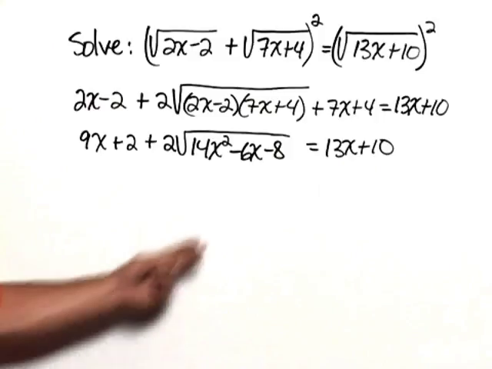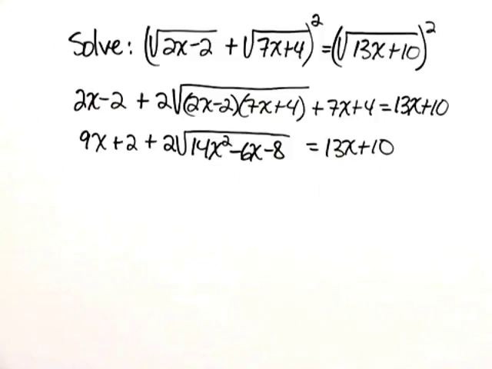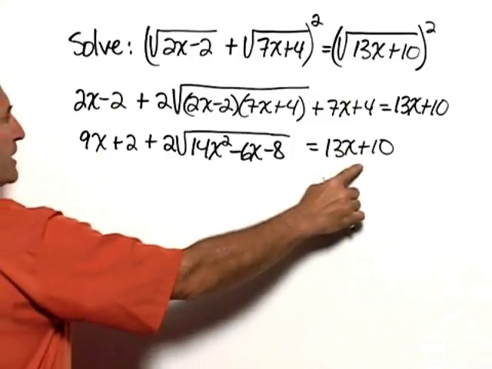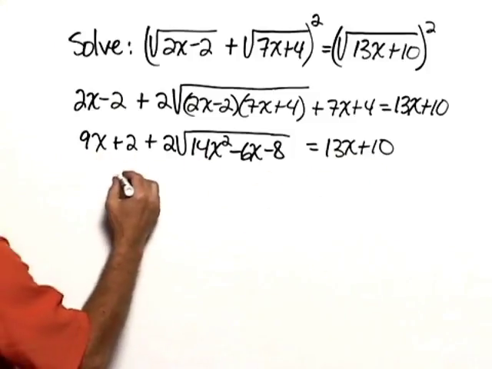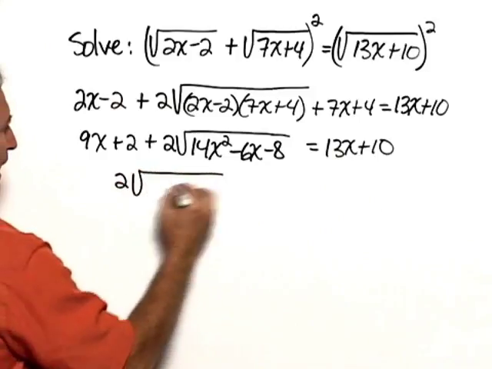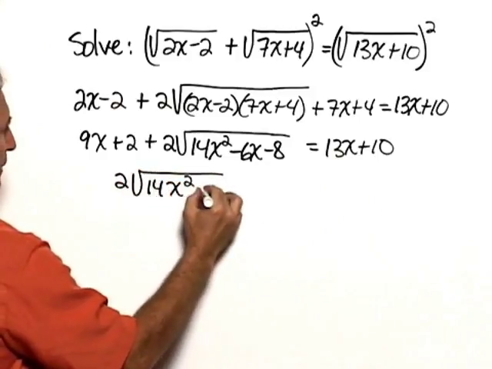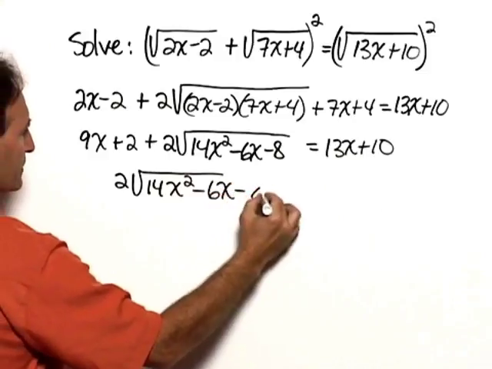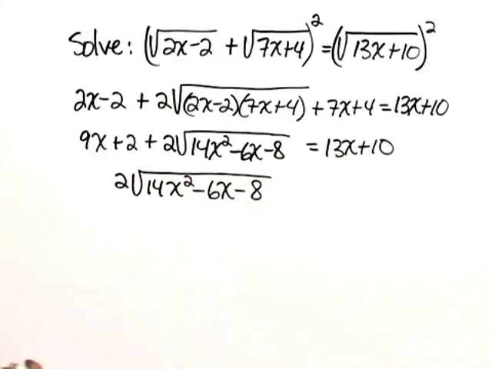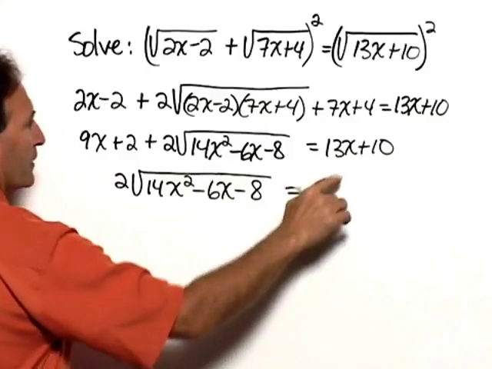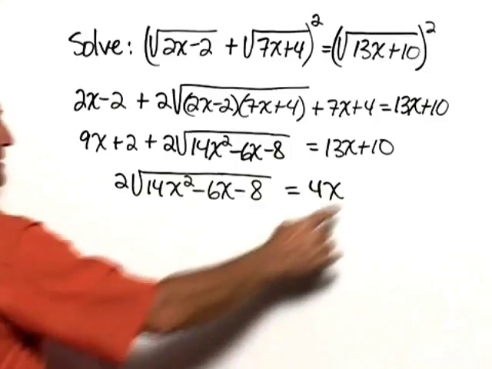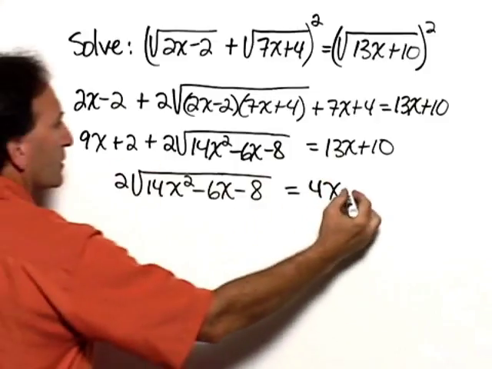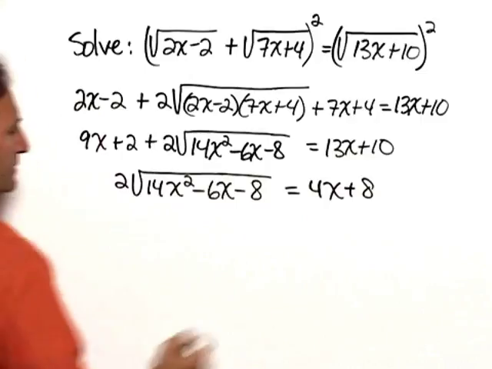That's equal to 13x plus 10. Next, what we need to do is isolate this radical. So that means we would subtract 9x from each side, and we would subtract 2 from each side. So what we have is 2 times the square root of 14x squared minus 6x minus 8. And then 13x minus 9x is 4x. 10 minus the 2 would be 8.